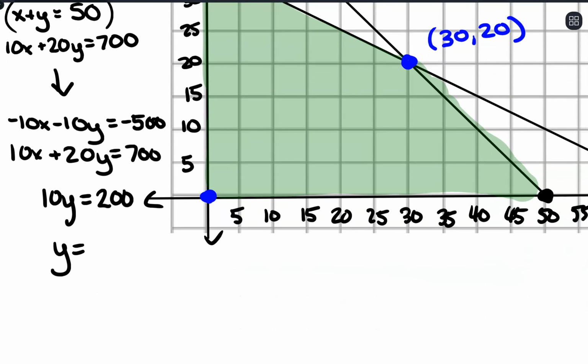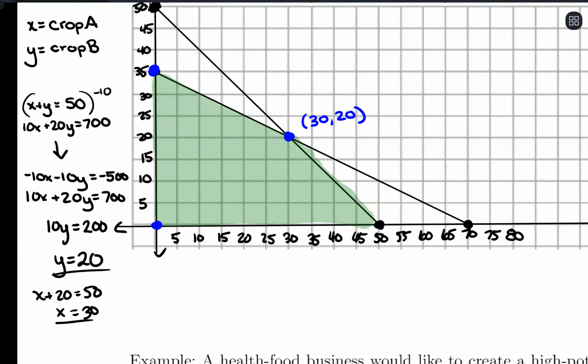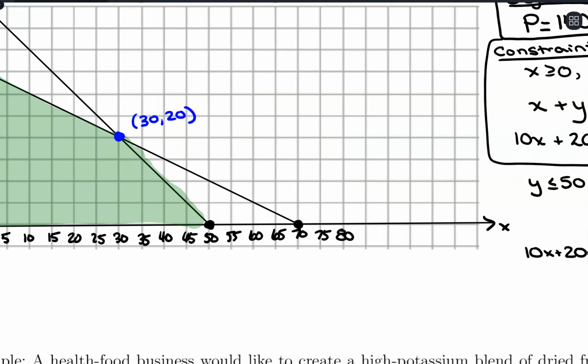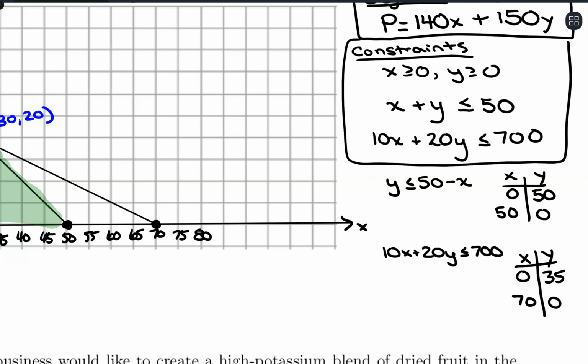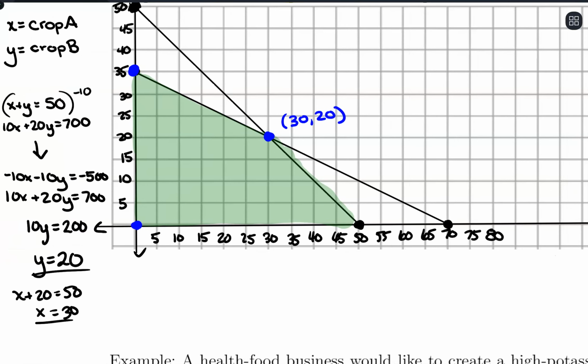Divide by 10, so y equals 20. And then to get x out, we would just do x plus 20 equals 50, so x equals 30. So if it's ever unclear where that intersection point is occurring, you can do solving of system of equations using those two constraint inequalities, just changing them to equations to solve.